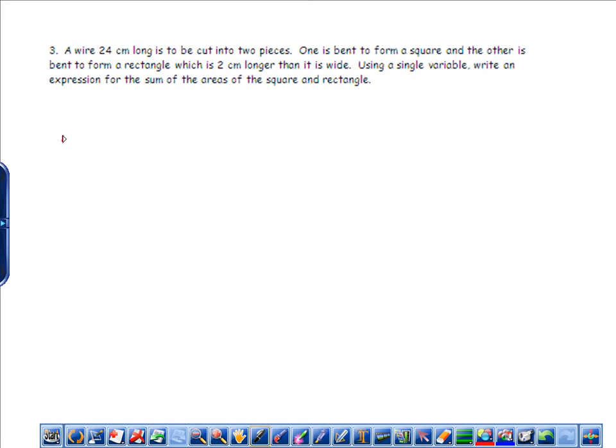Okay, so let's draw. First, we've got our square. Let's just go ahead and label our square as x, and then all of these would be x since it's a square. Now we have a rectangle, and the only thing we know about this rectangle is that if it has a width w, then the length is going to be w plus 2.